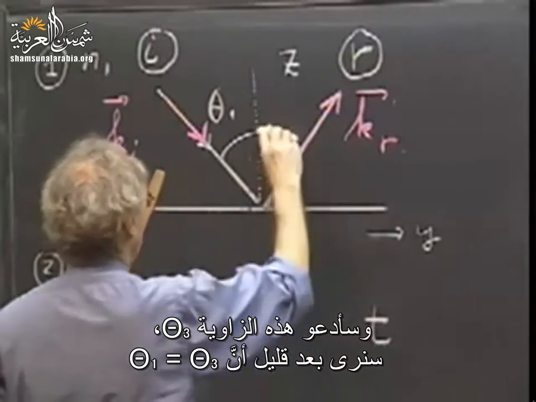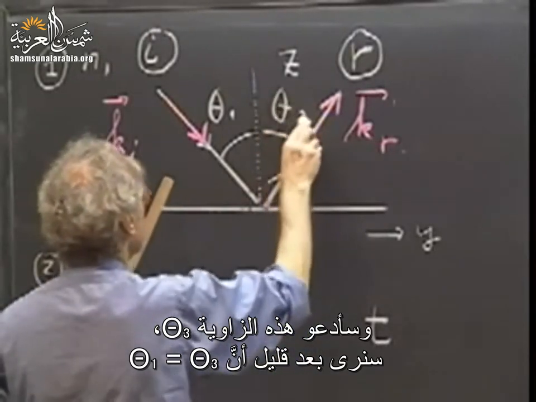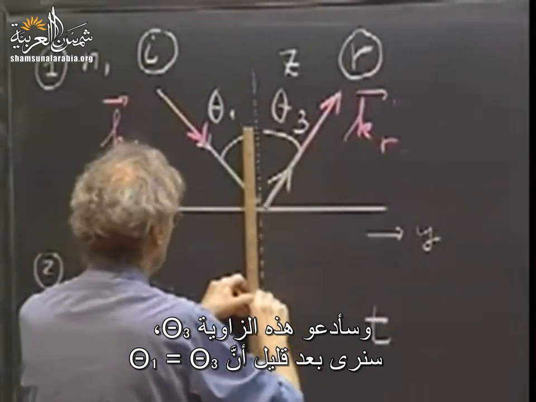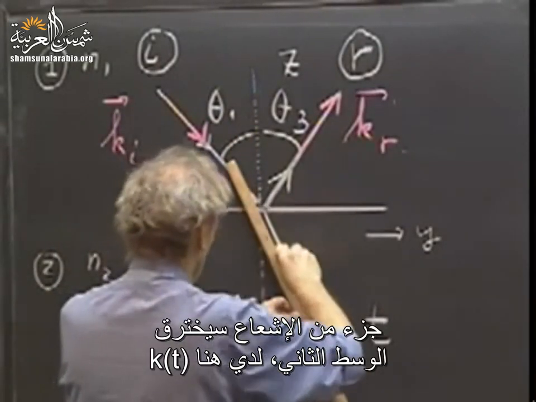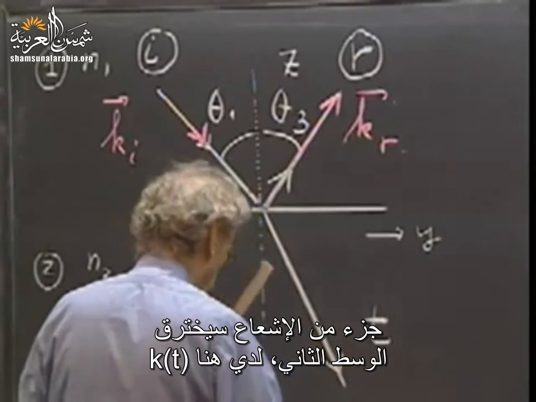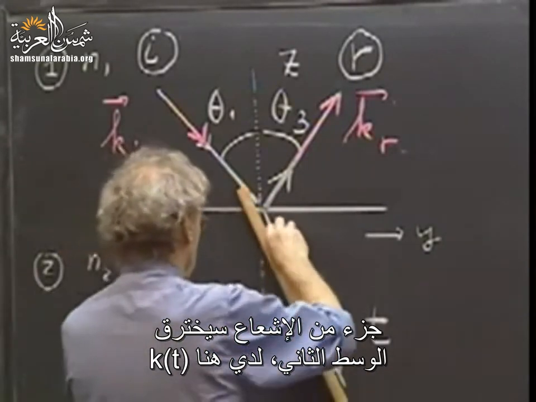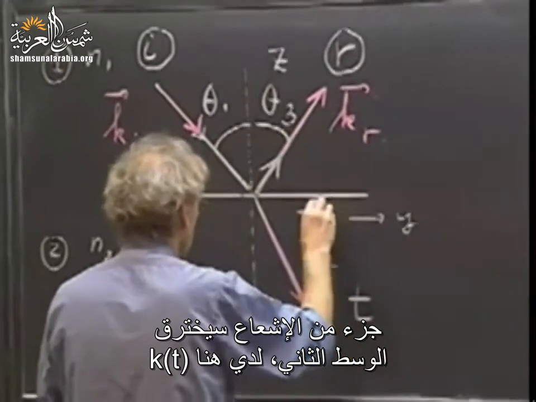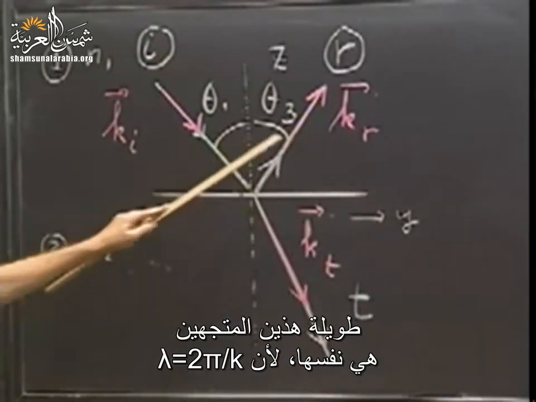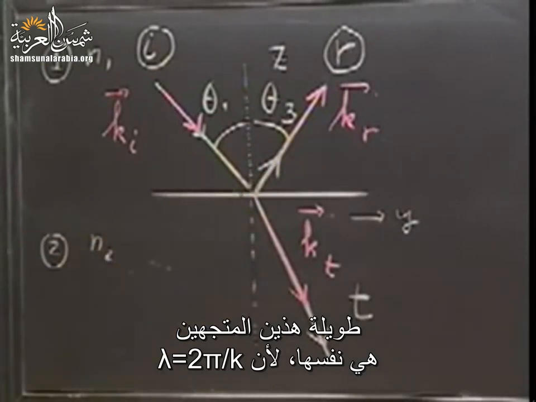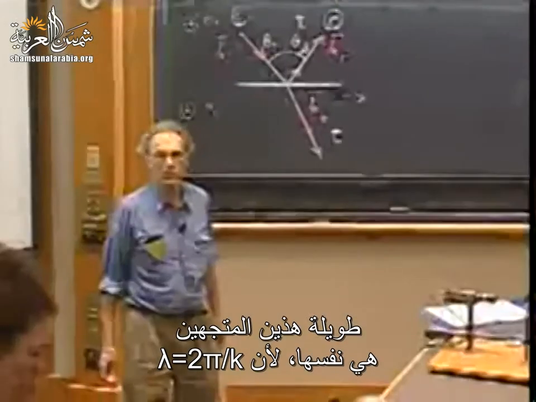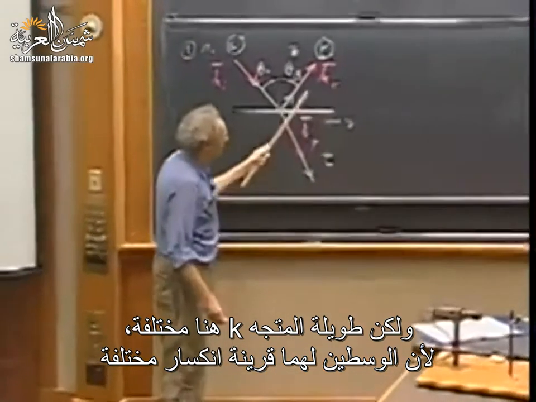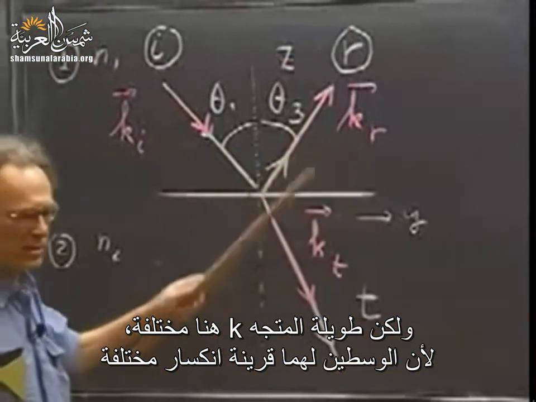And this angle I will call theta 3. I will show you shortly that theta 1 is the same as theta 3. And then some of that radiation goes into the second medium, and I have here k transmitted. The magnitude of these two k vectors is of course the same, because lambda is 2 pi divided by k, but the magnitude of the k vector here is different, because the two have different indices of refraction.